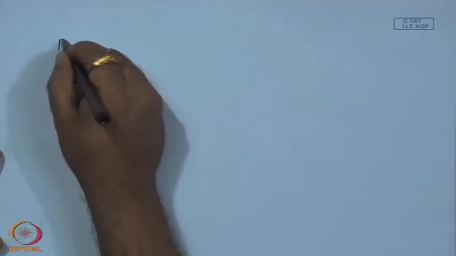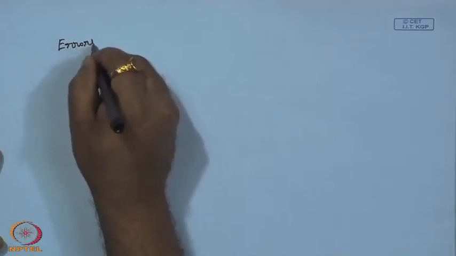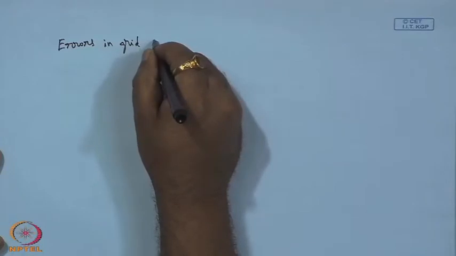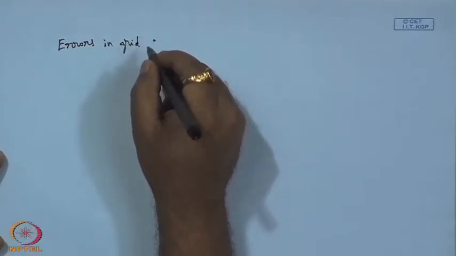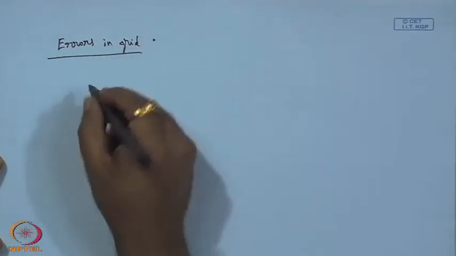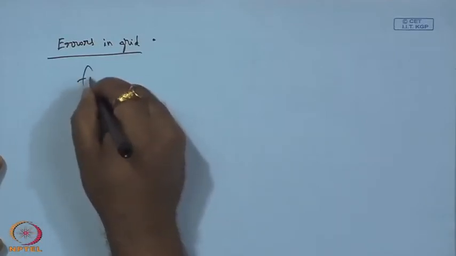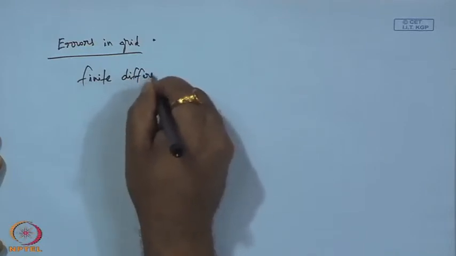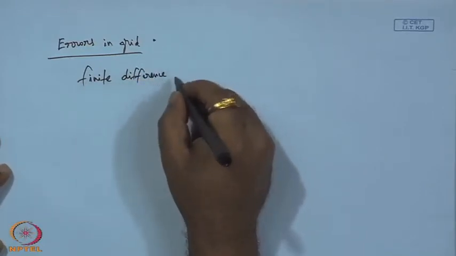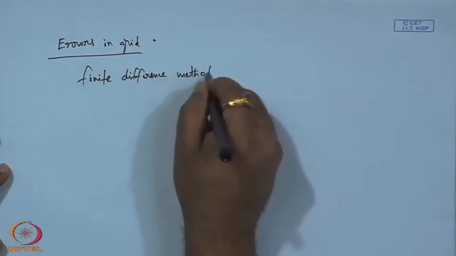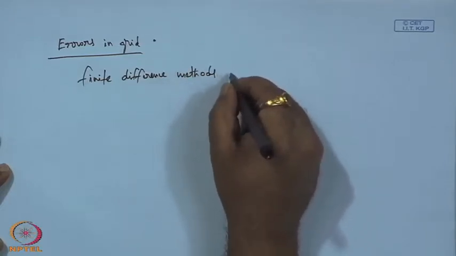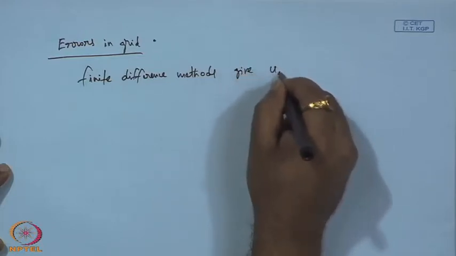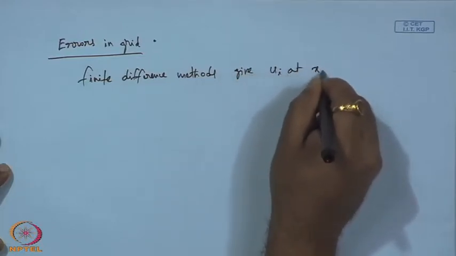Now, errors in grid. So, for example, say finite difference methods give u i at x i.